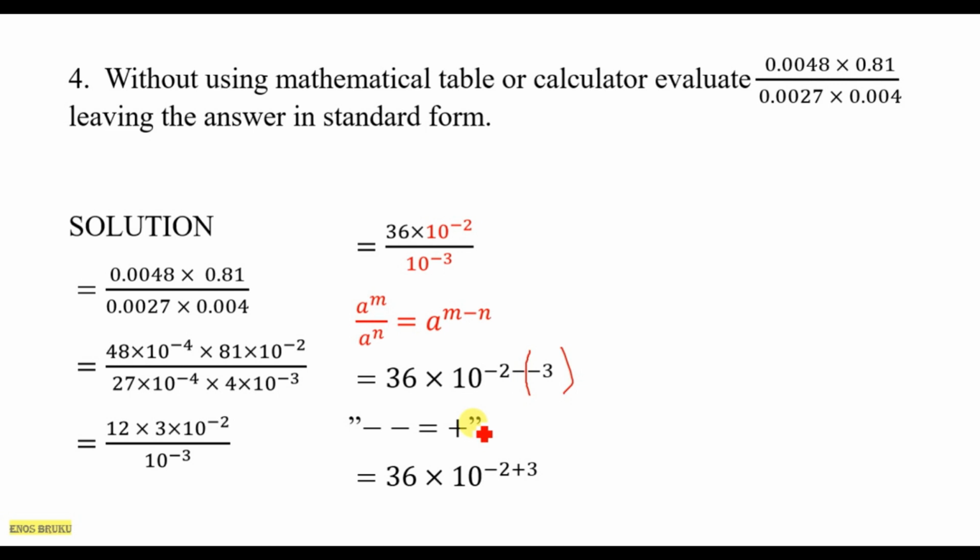So we are going to have 36 times 10 exponent 1. You can decide not to write the 1. It doesn't matter. So now we have 36 times 10, but this is not in the standard form. In standard form, we expect the decimal point to come after the first number. So what can we do to change this into a standard form?